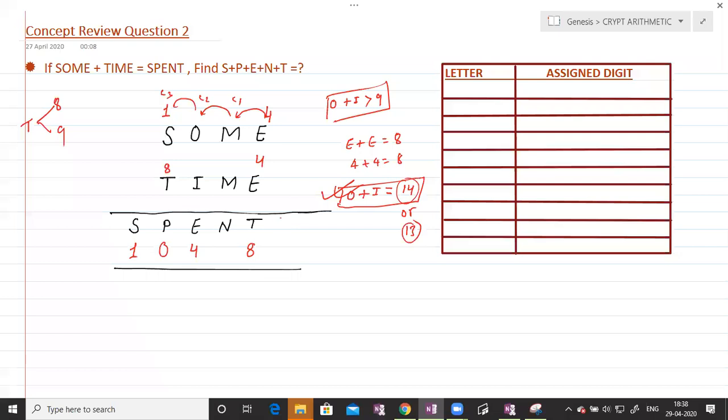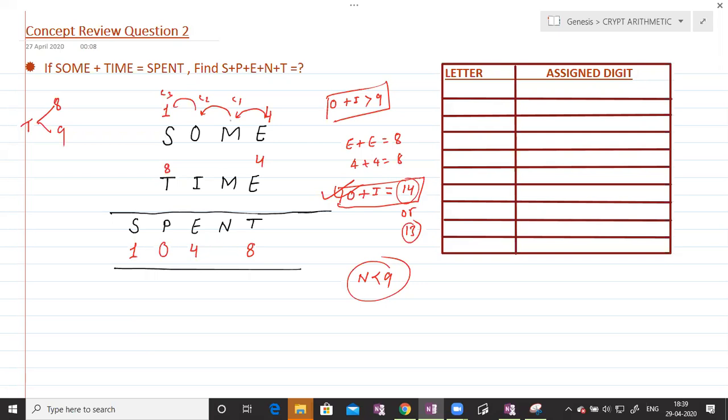Now, how to find out the O value, how to find the E value? It should be the larger value, right? And remember, N must be less than 9, which means it should not carry. If it gets carried, 15 becomes 5 now, right?